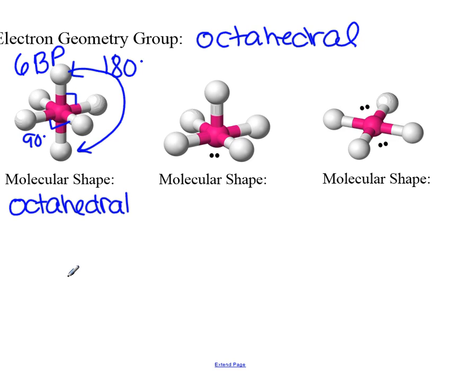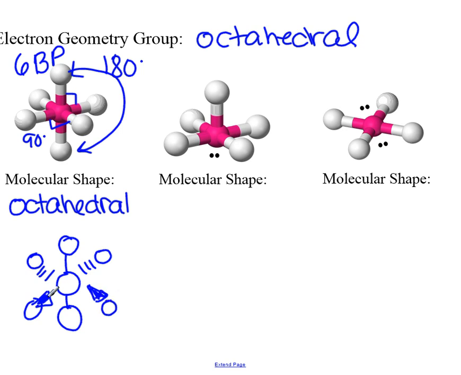To draw this one, not too difficult. North pole, south pole, and then we're going to do 2 pointing away from us in the back and 2 pointing forwards. Now what happens if we remove one of the bonded pairs with a lone pair?